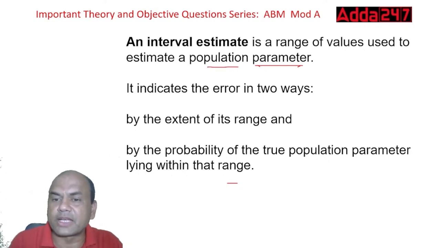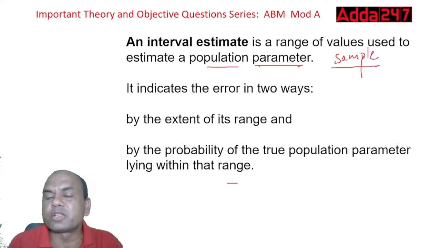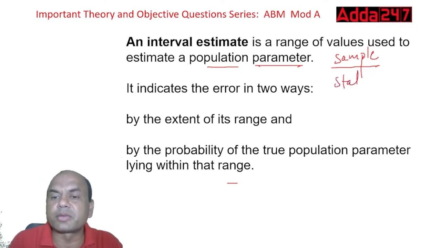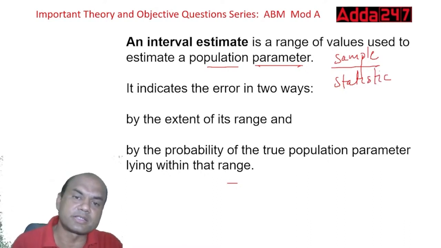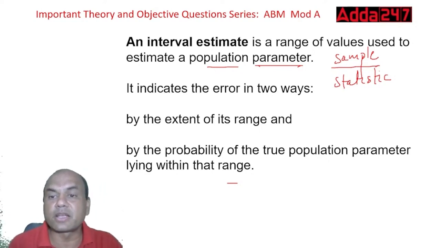And for a sample, which word is attached? Who can give me the answer? Comment section. For a sample, which word is attached? The word attached is statistic. Always remember: for a sample, the word statistic is attached, and for a population, the word parameter is attached. So an interval estimate is the range of values used to estimate the population parameter.